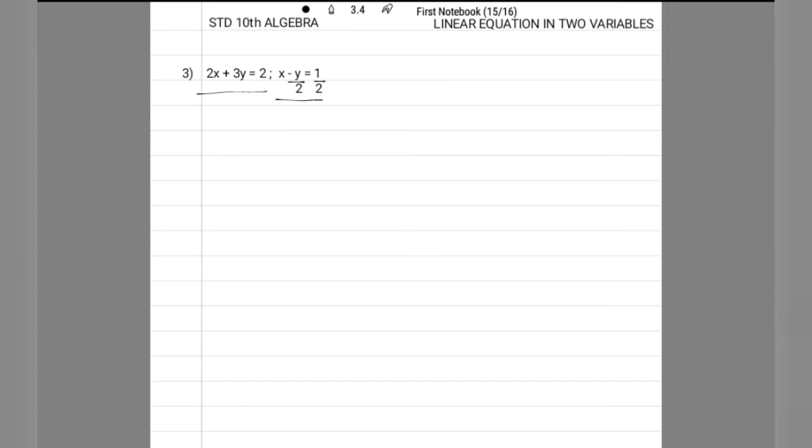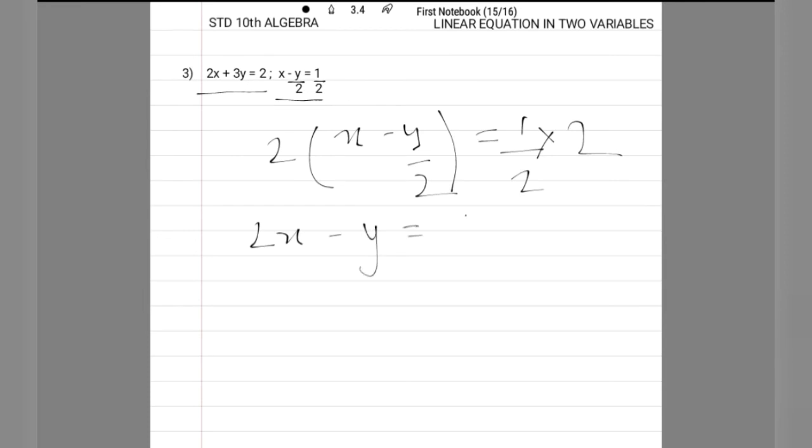After multiplying the second equation by 2, we get 2 into x minus y by 2 is equal to 1 upon 2 into 2. We multiply it on both sides, right? So we get the equation as 2x minus 2 into y upon 2. That 2 gets cancelled and we get y is equal to 1.